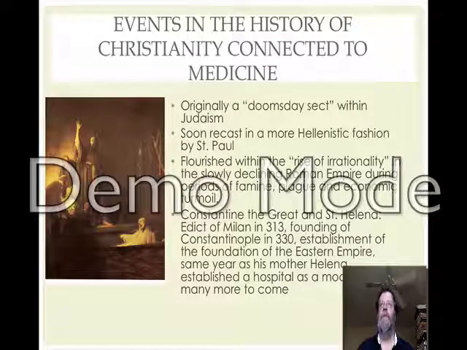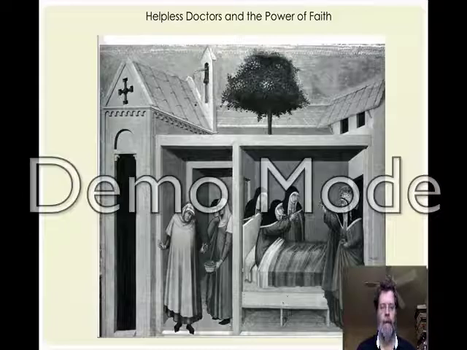Why is this important? Well, Christianity spread, but together with Christianity, a different form of medicine also spread, because St. Helena also was the foundress of the first hospital as a care for the sick. And this model of a hospital tied to the Christian notion of compassion also spread throughout the Roman Empire.